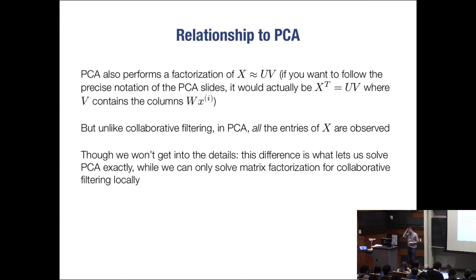On the other hand, with matrix factorization, because only some of the entries are observed, you are restricted in some sense to approximate solutions. Because of this, one thing that is very common is to initialize your features, your U's and your V's.